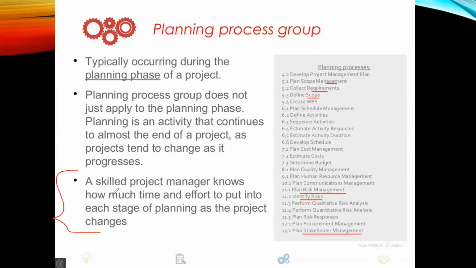This is important to mention: a skilled project manager knows how much time and effort is put into each stage of planning as the project changes.